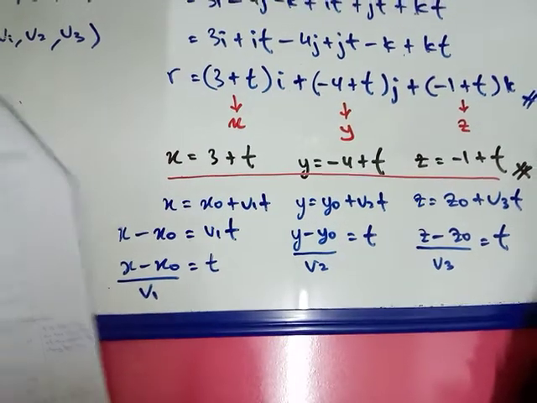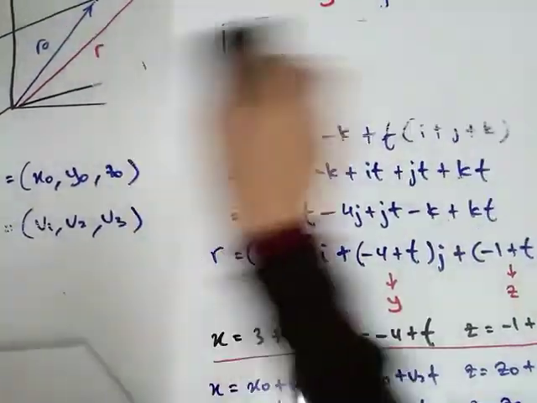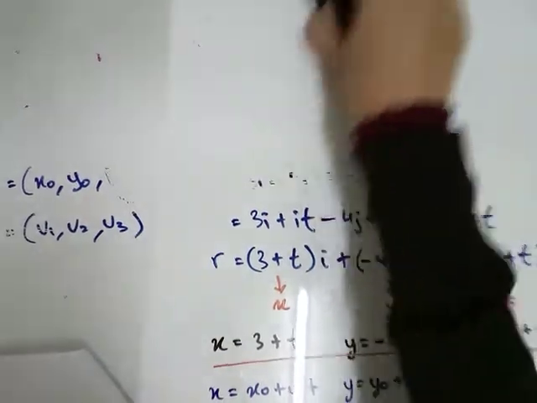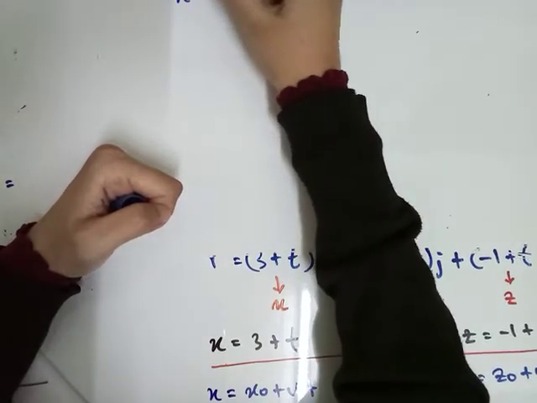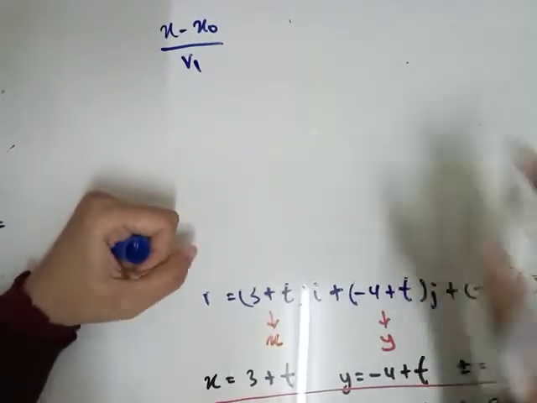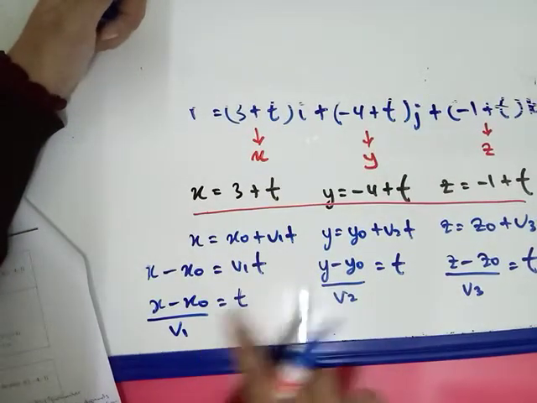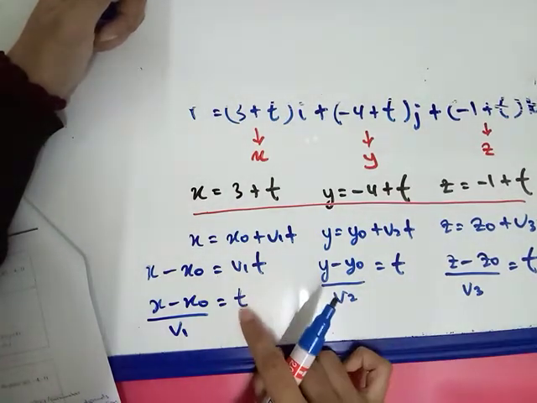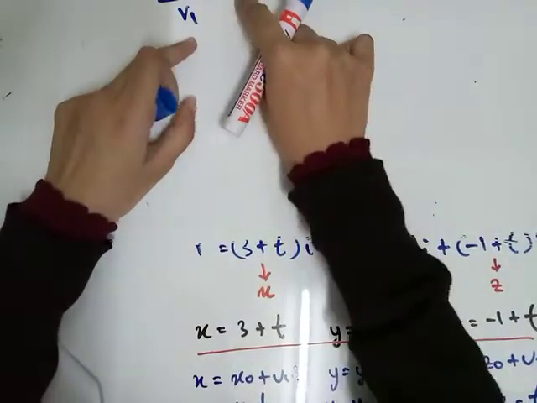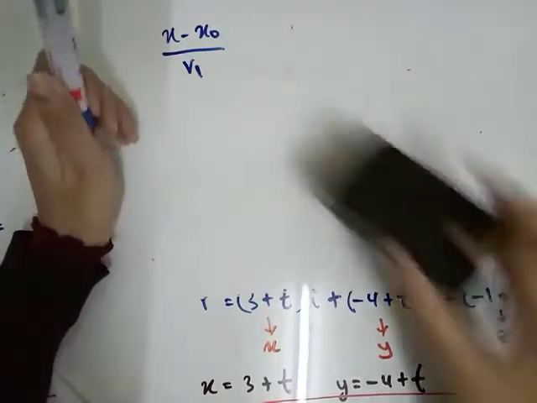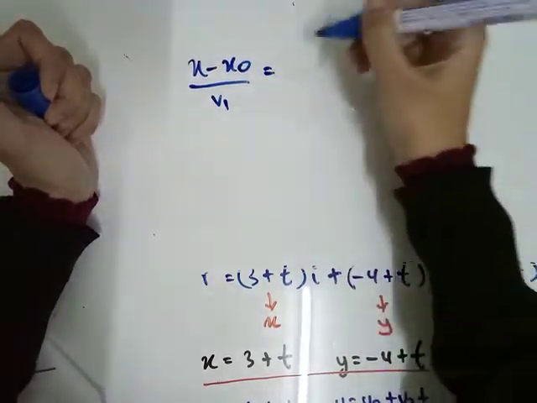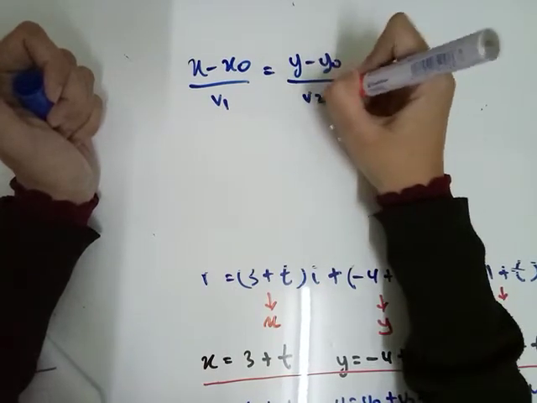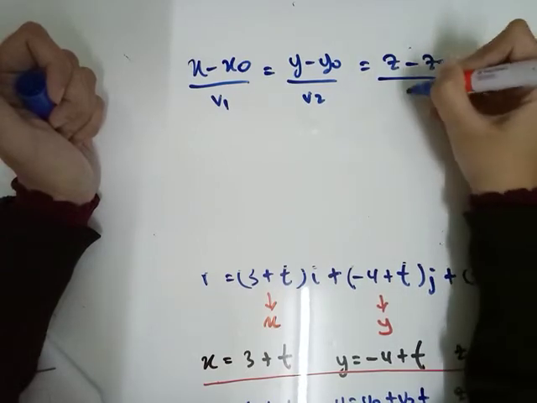Symmetric equation, the general form for symmetric equation, ini saya padam lah. So the symmetric equation is x minus x naught divided by v1 equal y minus y naught divided by v2 equal z minus z naught divided by v3.